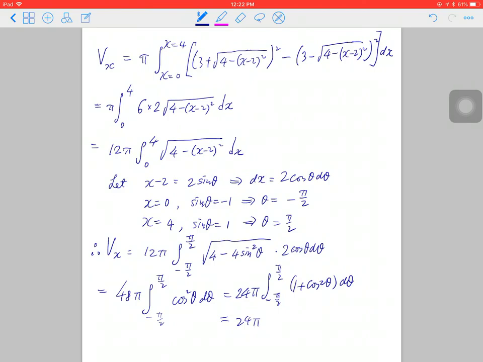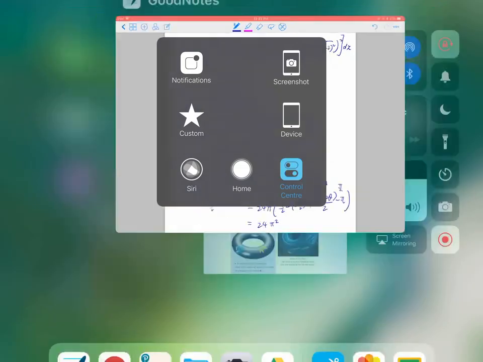Then you can do the integration. The first term is theta, and then substitute the limits, pi over 2 minus negative pi over 2, and the other one is the integration making sine 2 theta, and substituting the limits, it is easy to see this term is 0. So finally this is 24 pi multiplied by pi, so pi squared units cubed.